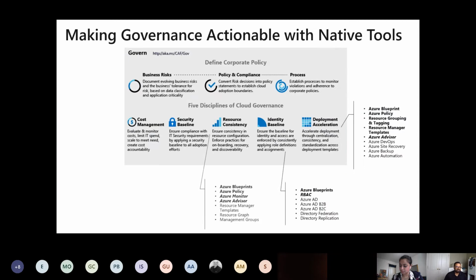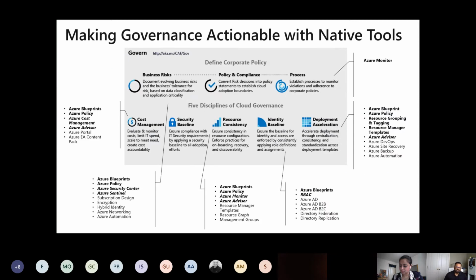So now there are several tools that we support for this, and I will talk about some of those tools in a couple of slides coming. The major ones here are Azure Blueprints, Azure Policies, Cost Management, and the Advisor and all that. Cost Management and Advisor come together.